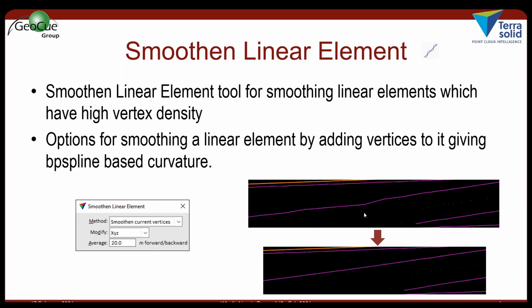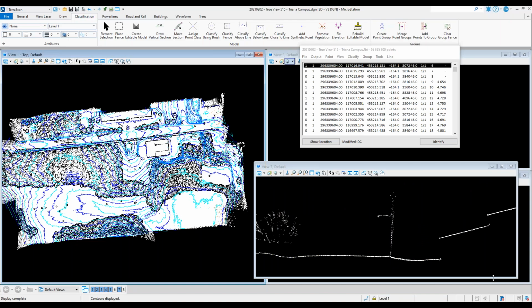It is looking at that point only at the element itself, not looking at the point data anymore. But there's some uses for it, and there's some additional methodologies as well, where you can add in additional vertices and give it some B-spline curvature. So you've got a couple other options depending on what you're trying to do with these elements. Like I said, I'll show you a little bit of that after a bit.